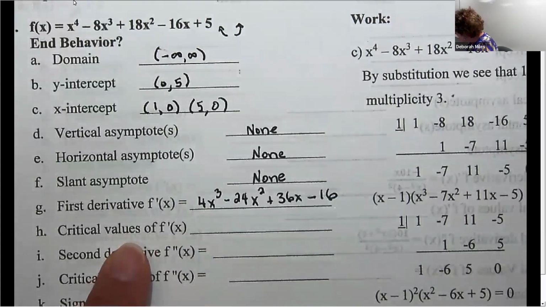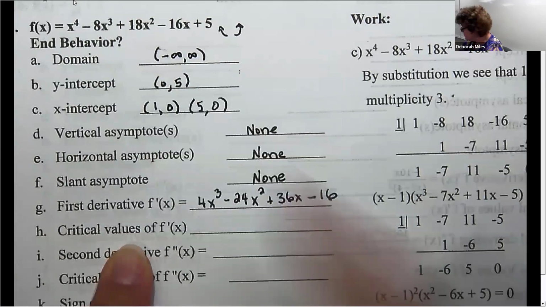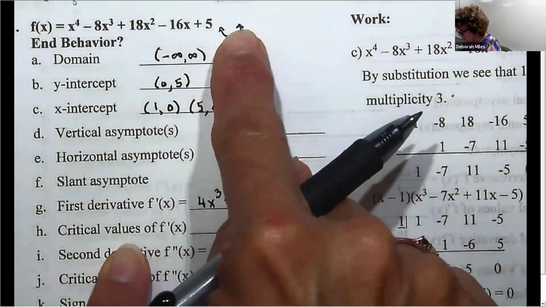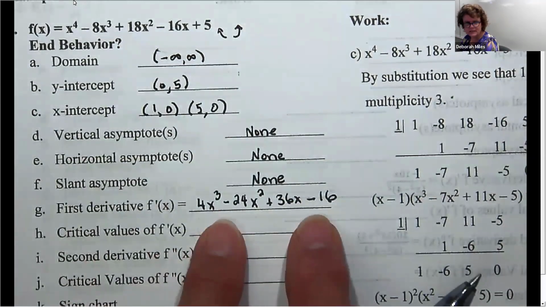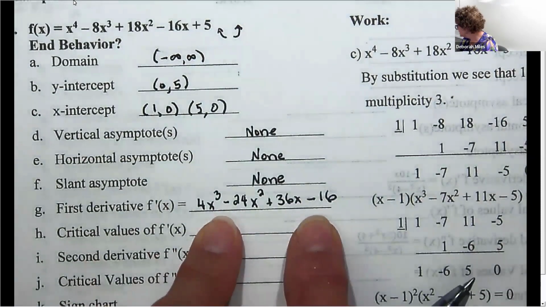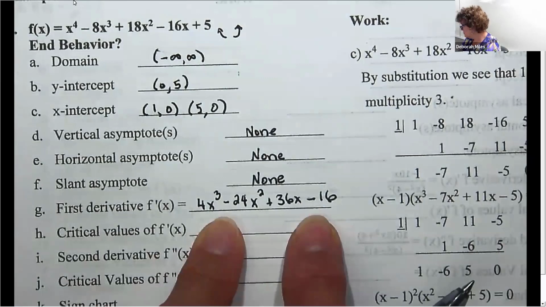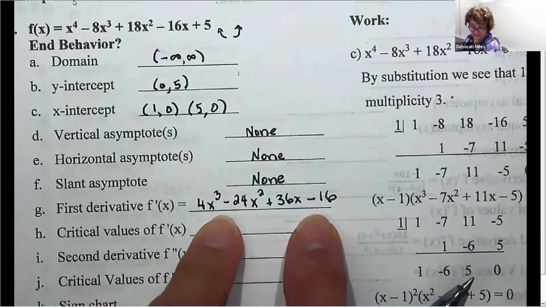How do I find critical values? What does that even mean? What makes the first derivative 0 or undefined, but yet the function's defined there? Well, the function's defined everywhere, so I don't have to worry about that. Critical values, here's my derivative. Is there anything that makes it undefined? No. So I had to find out what makes it 0.